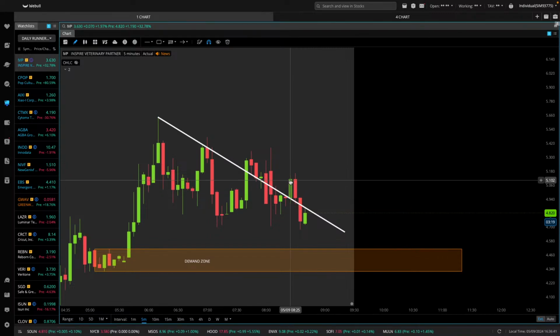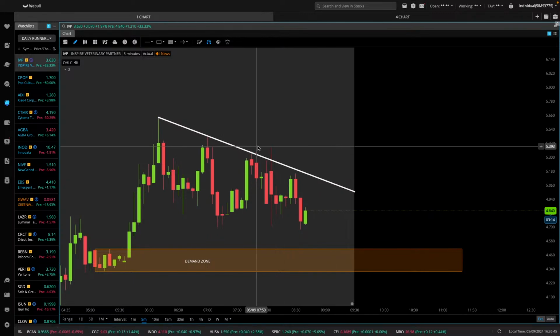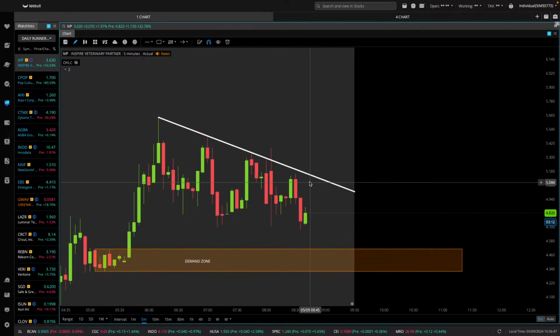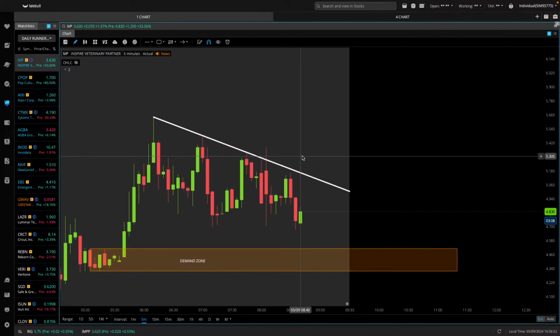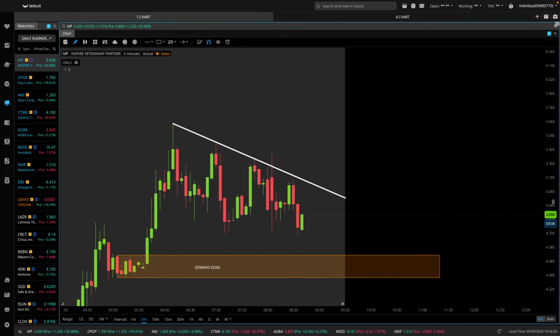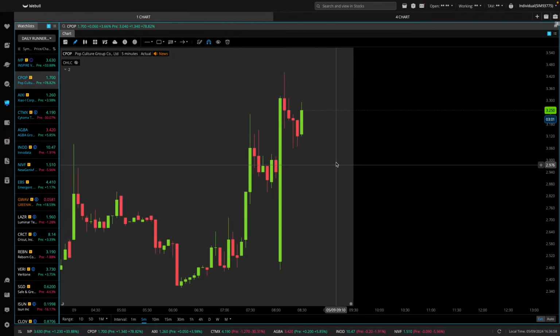Then you can look for an entry and that's when you expect it to go up. However, we can see that it is still bearish. So you have to wait for it to come into the demand zone or wait for it to break the trend line. Either of those are your entry points, but right now nothing at all. You just let it wait and let it do its thing.